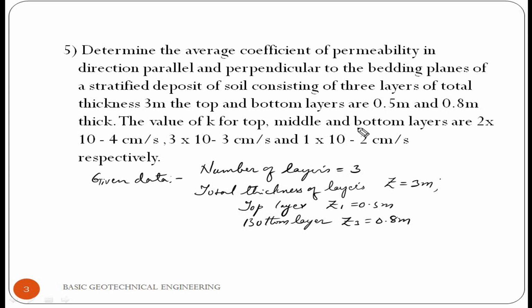The value of K for top, middle, bottom layers: K1 is 2 into 10 to the power of minus 4 centimeter per second, and K2 is 3 into 10 to the power of minus 3 centimeter per second, and the last one, K3 for the Z3 layer, is 1 into 10 to the power of minus 2 centimeter per second.